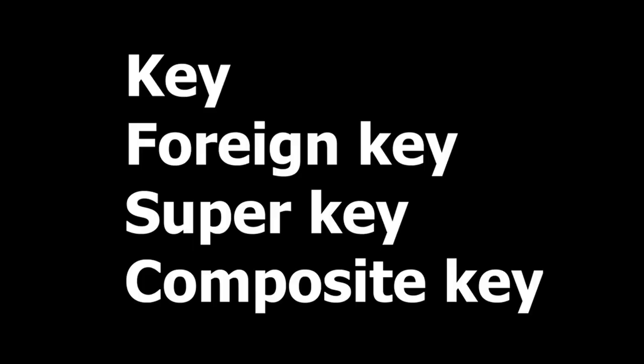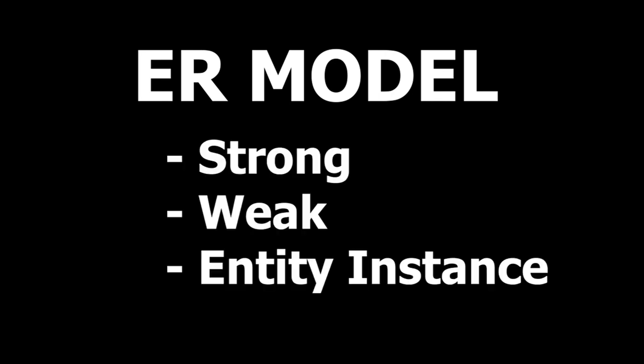And today what all have we seen? We have seen keys: normal primary key and foreign key, super key and composite key. And at last we saw the ER model and ER modeling concepts. What are the concepts in the ER model? Entity or entity type, attributes and relation. Under entity we saw strong entity, weak entity, and entity instance, with some examples.